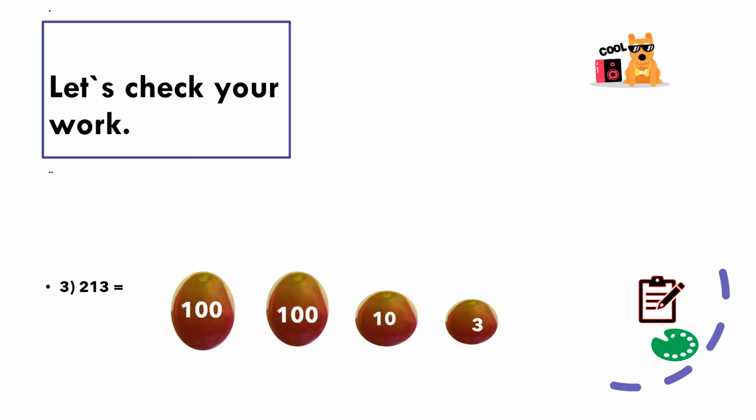Number 3, 213. 100 plus 100 is equal to 200 plus 10 plus 3 is equal to 213.